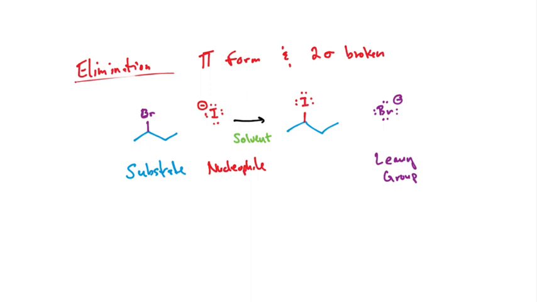Okay? If we now go through and look at our overall reaction, well, some things need to change. Number one, need a pi bond. It's going to be pretty important. But if I drop in that pi bond, what else had to have happened? The bromine had to leave. Is the iodine connected? Nope. So that's a modification from our substitution.